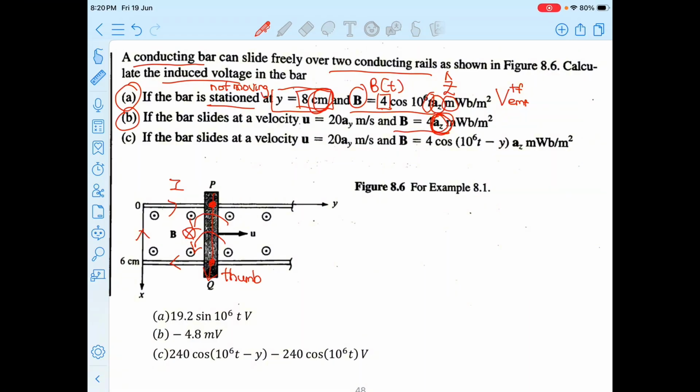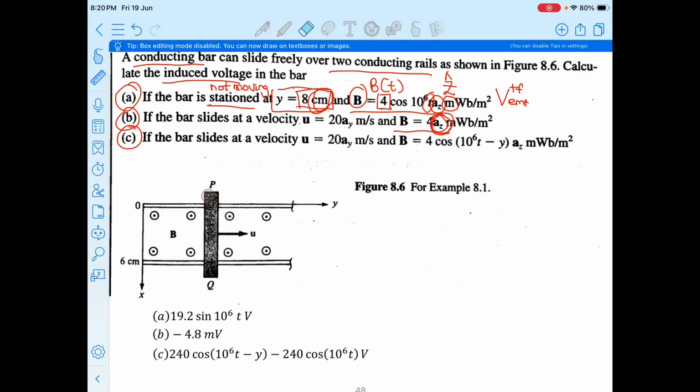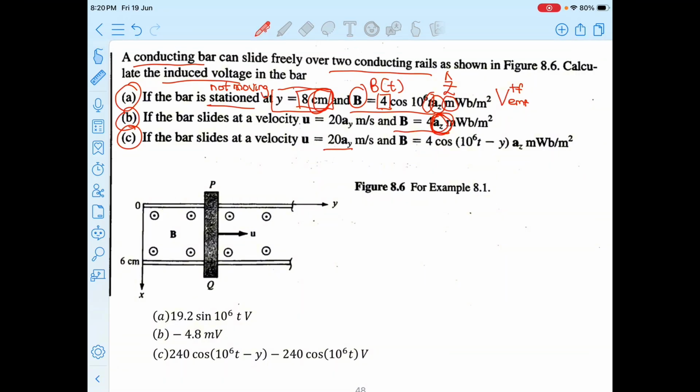Alright, now let's look at question C. Imagine the bar slides at the velocity u equals 20. The bar is moving at a velocity 20 in the y direction, and this is the B. Since you have a u, this is going to generate motional EMF, but at the same time B is a time varying magnetic field.